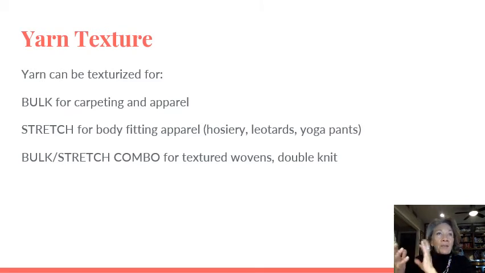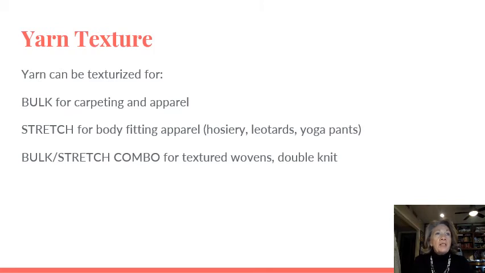Anyway, so we've learned about twist, we learned about ply, and then we learned about twist. Let's talk a little bit about texture. Yarn can be texturized. Remember that goofy video that we watched in the first class on texture? A yarn can be texturized for bulk, if we want it to be very, very bulky, for carpeting and apparel.